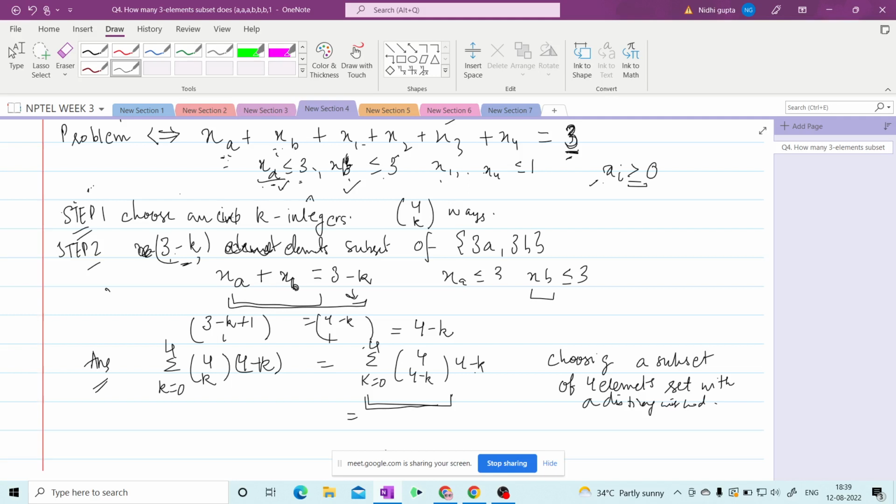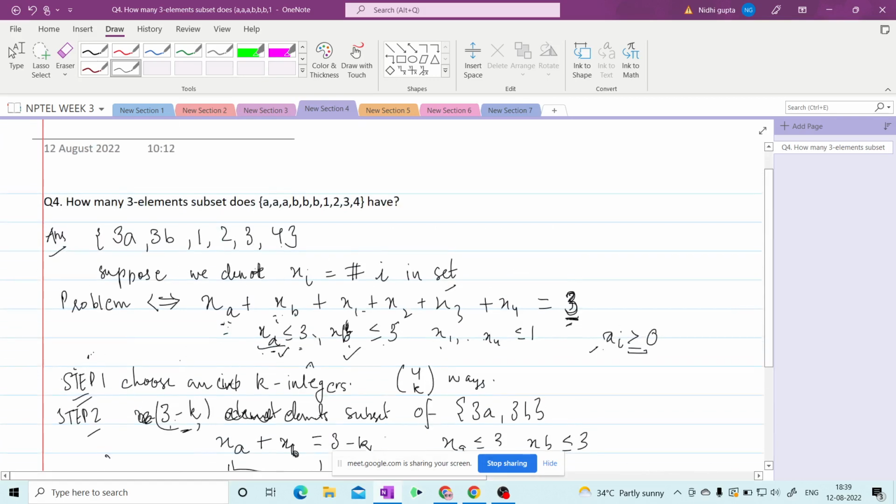First we choose the distinguished element, which is 4 ways, and then we choose a subset, which is 2 raised to the power 3. So this is one of the ways to do this. Is this fine? Okay.